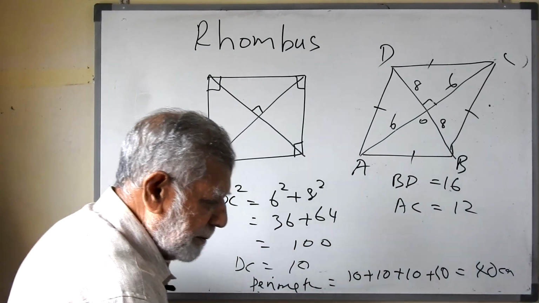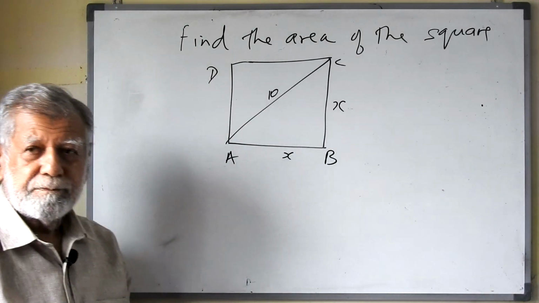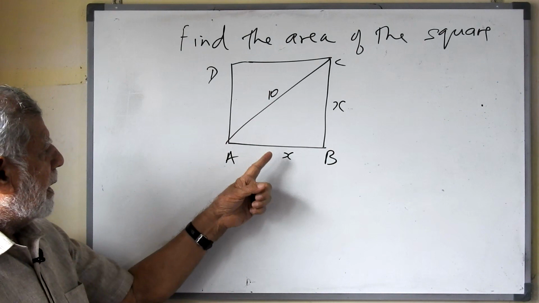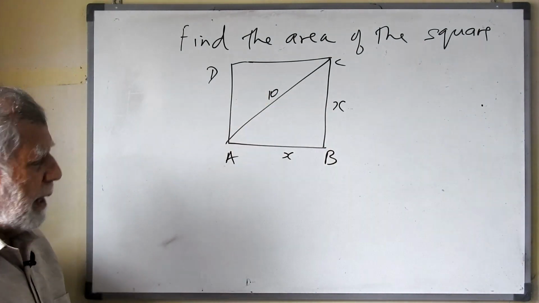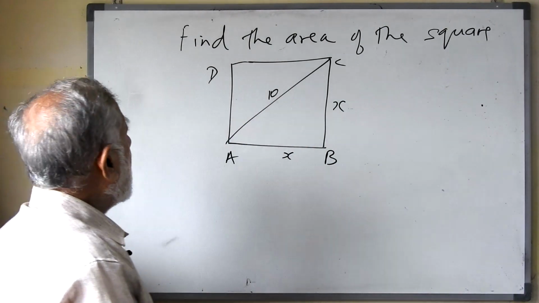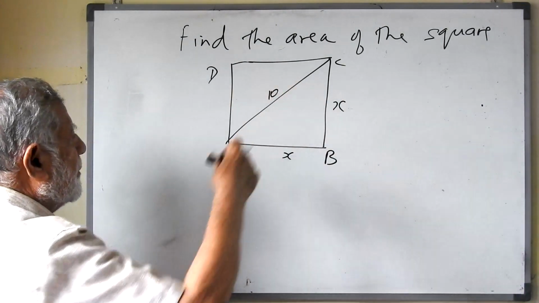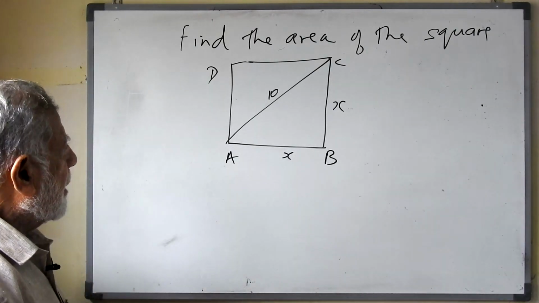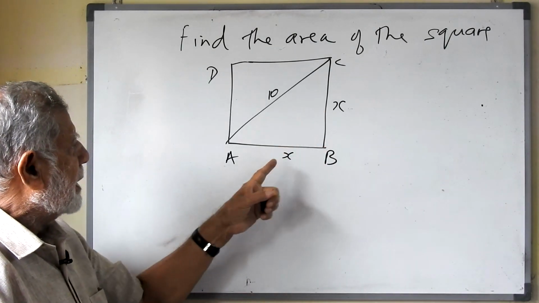We'll take another example. Look at this. Now this is square ABCD, and each side we are taking as x, and they have given the diagonal as 10. Now the question is to find the area of this square. Now area of the square will be x into x, that is x squared.